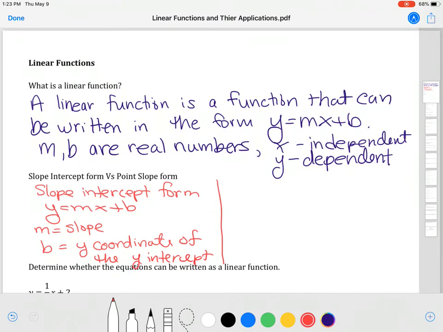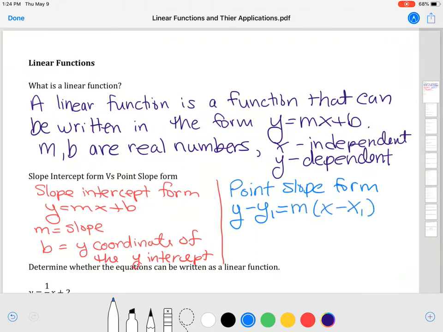Okay, now for point slope form, we would have this. We have y minus y1 is equal to m times x minus x1.